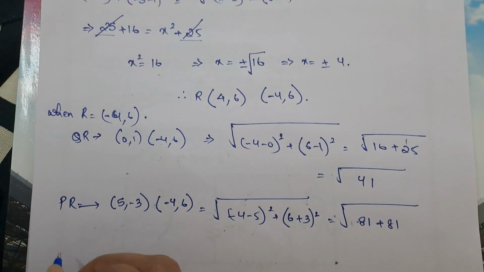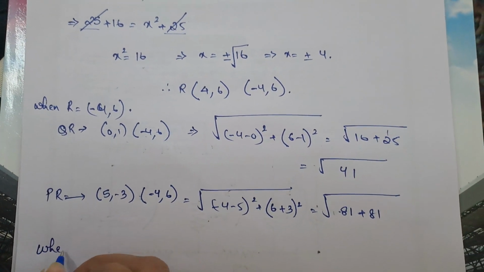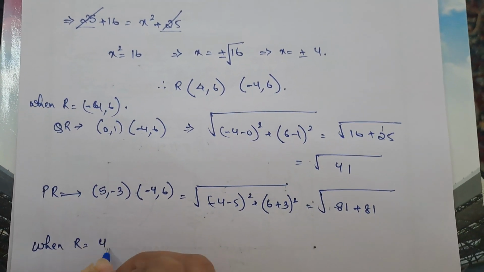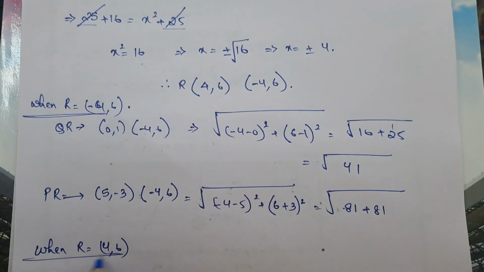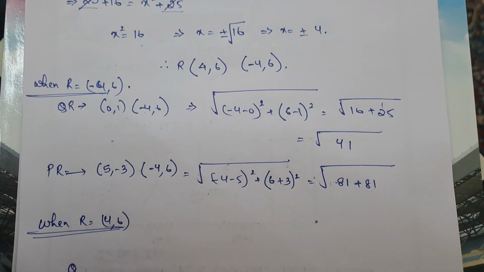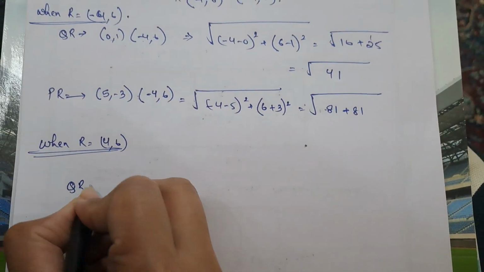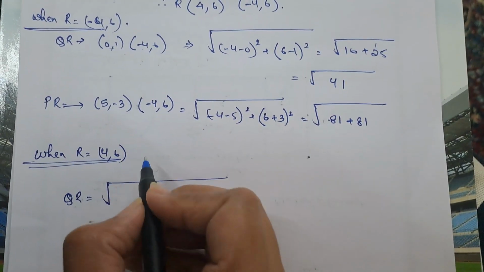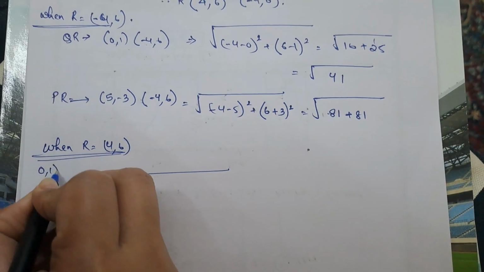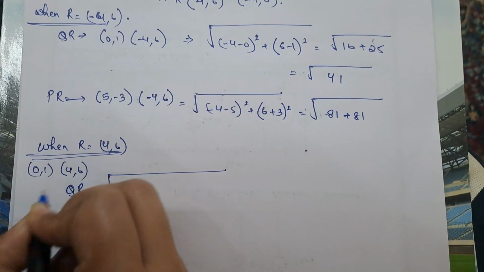Likewise, now we are taking when R is equal to (4, 6), where both of them are positive. Two conditions we got because we have two values. Then we'll find QR again from this. It goes as under root of, Q is (0, 1) and this is (4, 6).